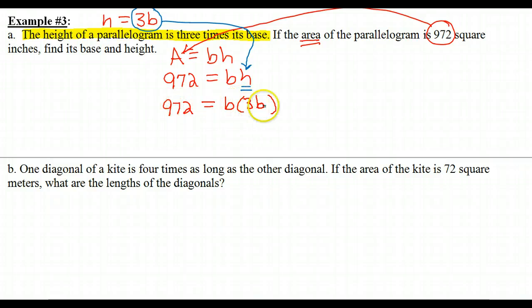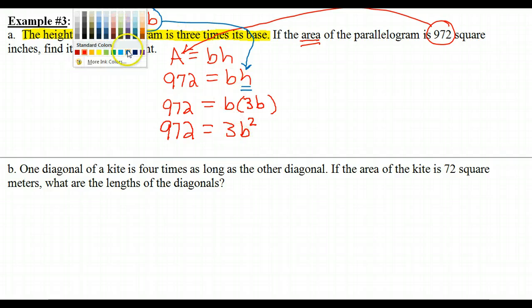So this is an equation I should be able to solve. What's b times b? Hopefully you know that b times b is b squared. So this would be 3b squared.